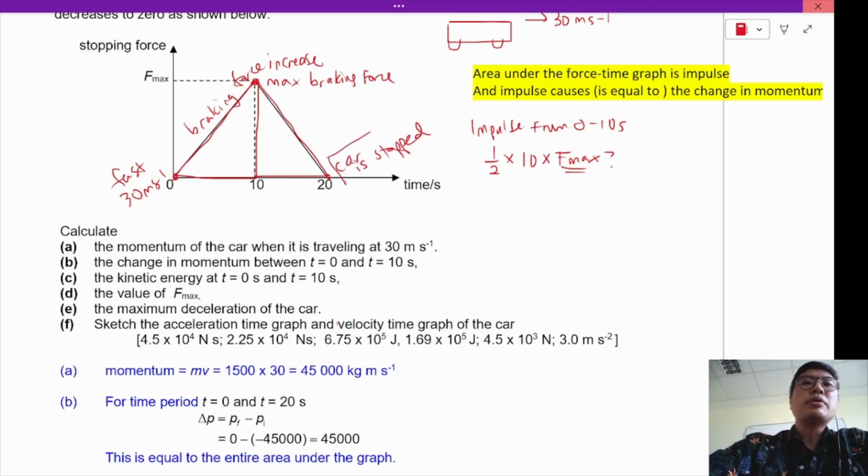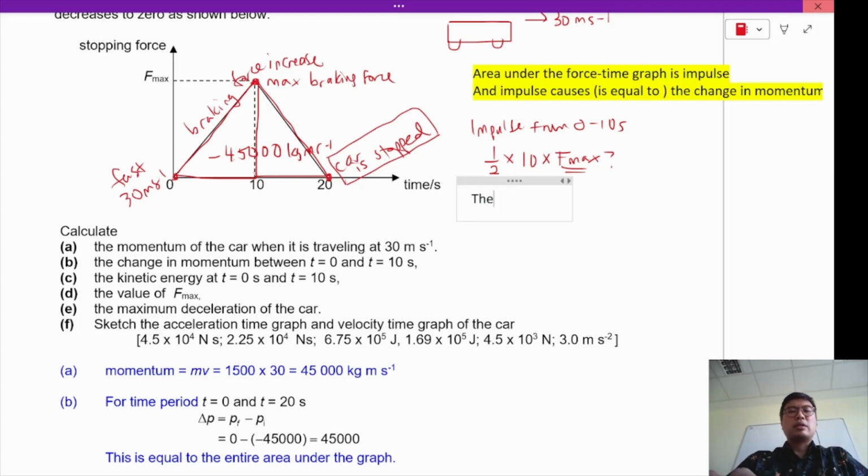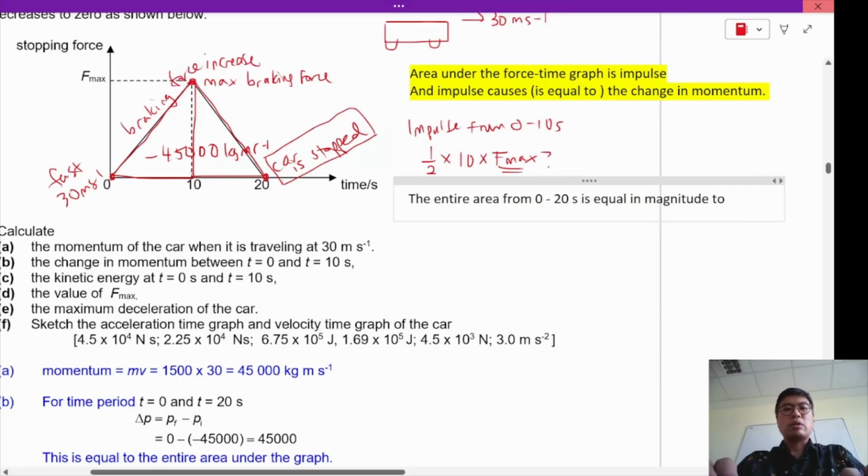So when the car reaches this point, after 20 seconds, the car is stopped. If the car is stopped, that means the entire momentum of the car is lost. So this entire area is 45,000 kilogram meters per second. The entire area from 0 to 20 seconds is equal in magnitude to the momentum of the car, since the car comes to a stop.